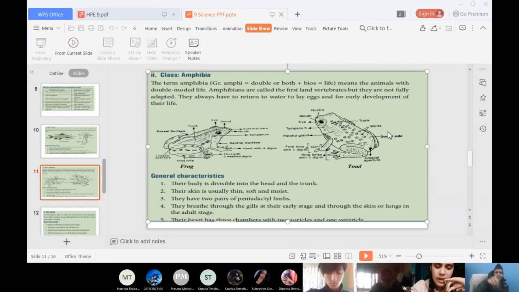And the dolphin is class Mammalia. Dolphin and whale are mammals, right? Now I'm going to draw the heart of the frog. It has 3 chambers.